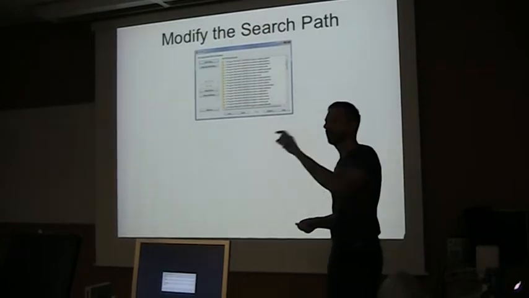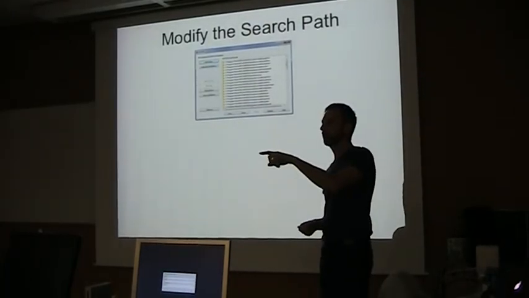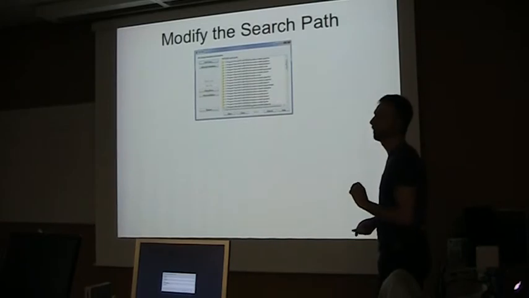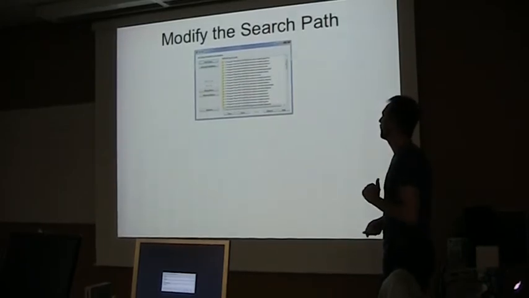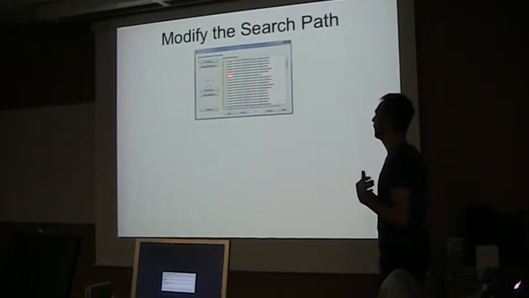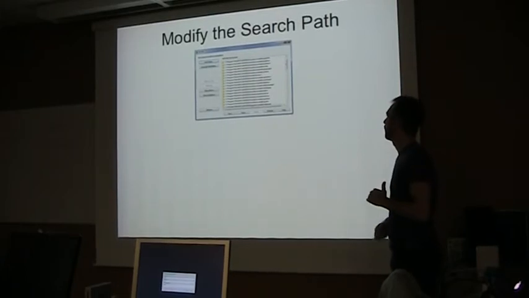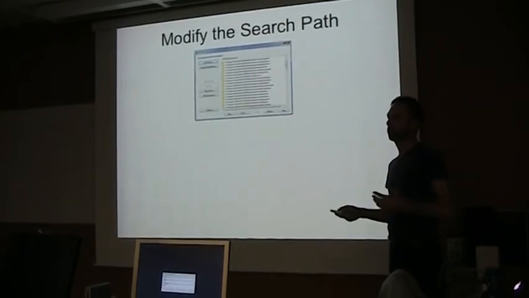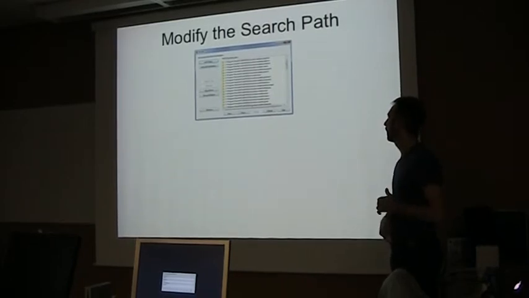You need to go to set path, and if you don't have it open now, we can look at it later. There's a button that says add folder or add with subfolders. Most of the time you want to add with subfolders. Then you look for your folder of interest, save it and close it. And that's it.